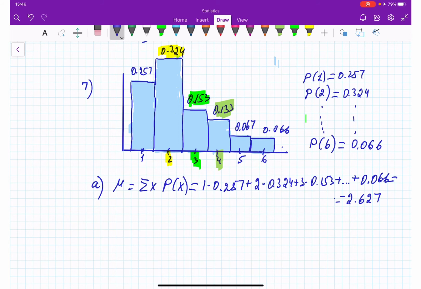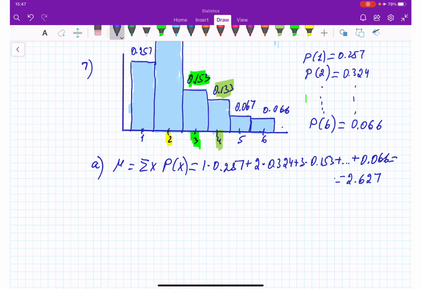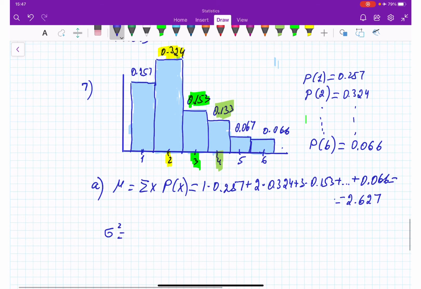Next, variance. To find variance, we already know what we're going to do, right? You can plug into the calculator that I will place in the comments and pin so you can use it. Sigma squared is the sum of x minus mu squared times probability of x, which is going to be 2.21.